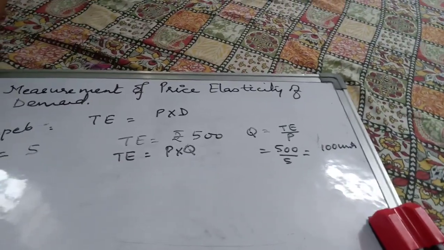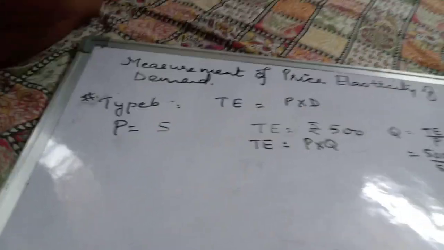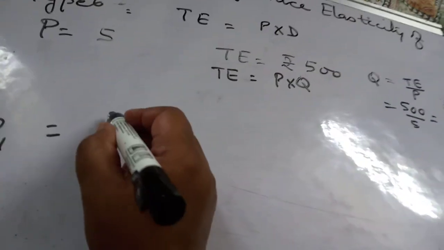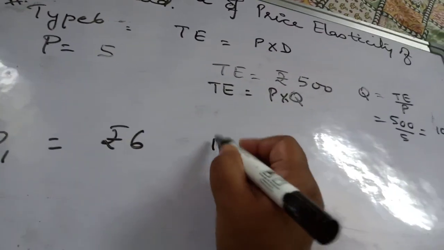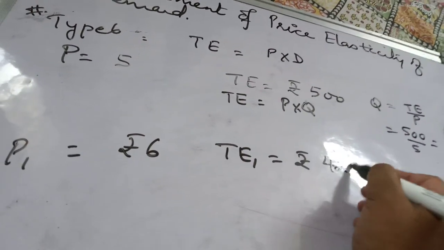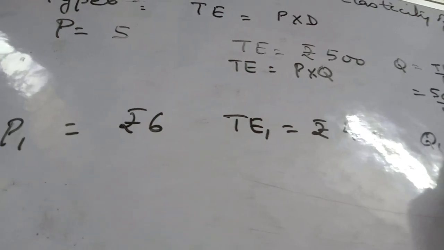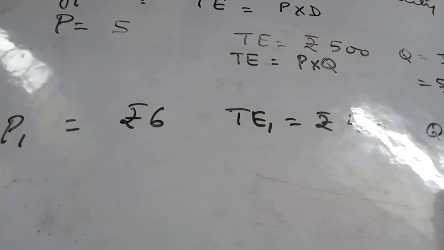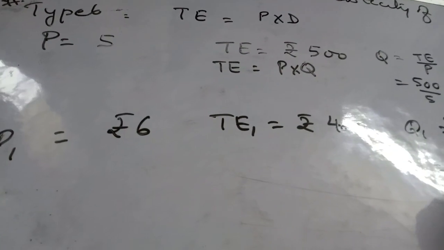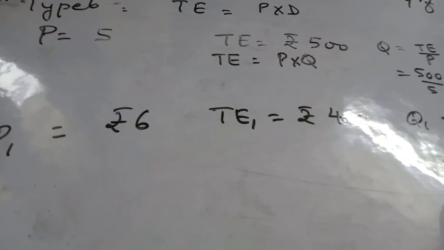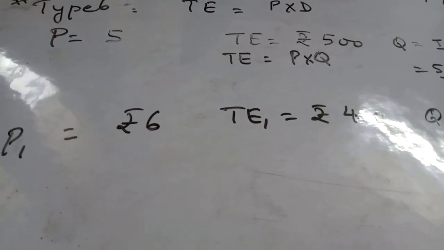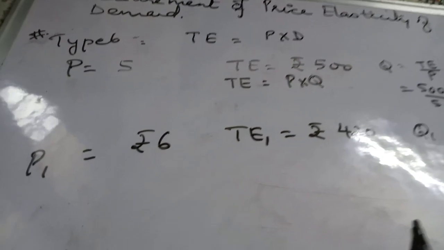When the price is rupees 6, the total expenditure is rupees 420. So the quantity will be 420 upon 6, which is equal to 70 units. So you've got all the values here.